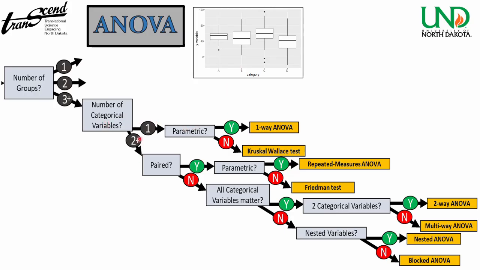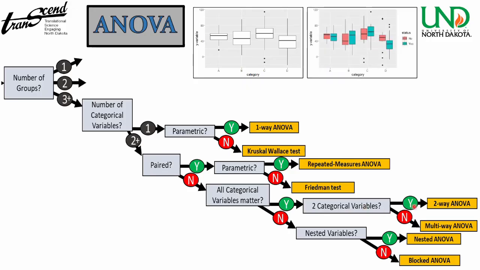Now, if you didn't answer one, if you had two or more, you can ask things about paired and parametric, and how categorical variables matter. We're going to jump ahead to the one that's most conceptually similar to one-way ANOVA. If we ignore pairing for now, say all categorical variables matter, and we'll explain that later, and say yes, we have two categorical variables, we have a two-way ANOVA.